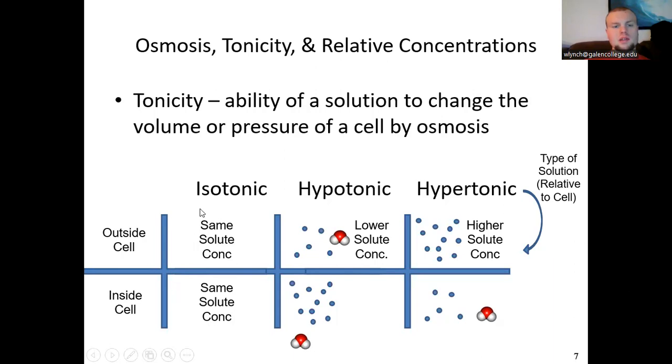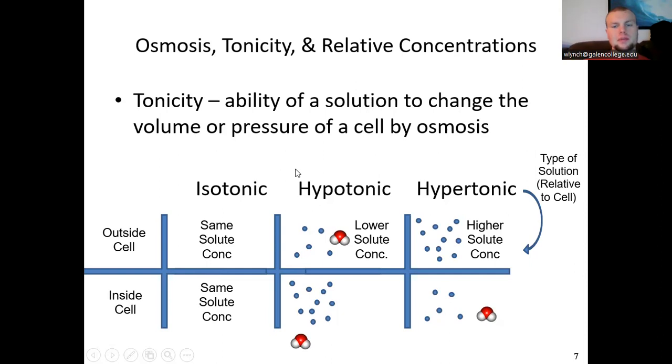Now imagine that the solutes are dissolved in water, which they are in all biological circumstances. So those solutes dissolved in water are existing in an equal concentration. This is termed an isotonic solution because we have no net movement of solute in or out of the cell. We have movement, we have exchange, but it's at a 1-to-1 ratio.